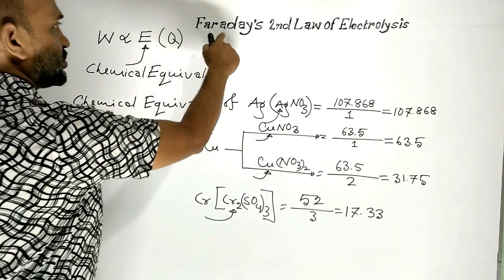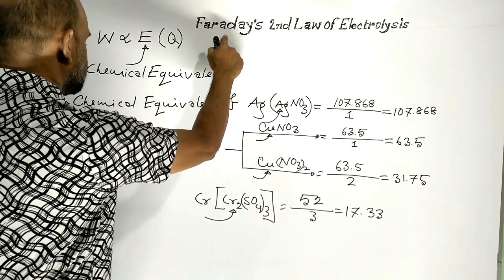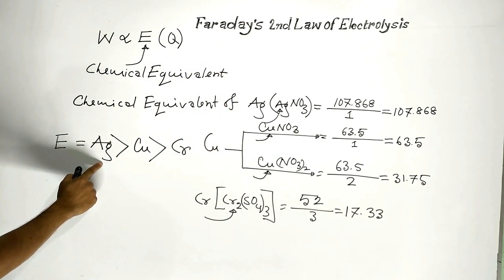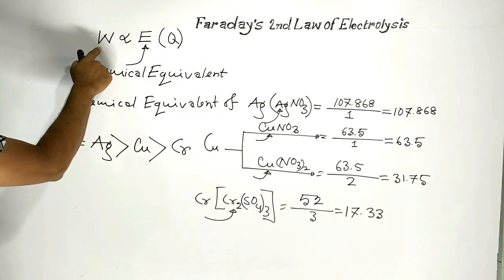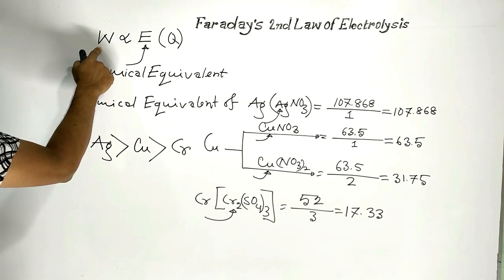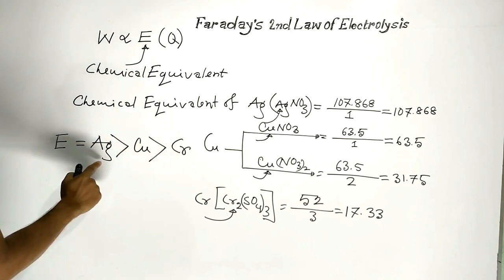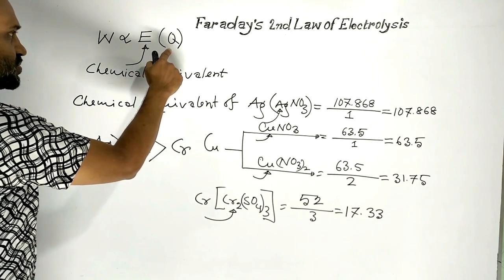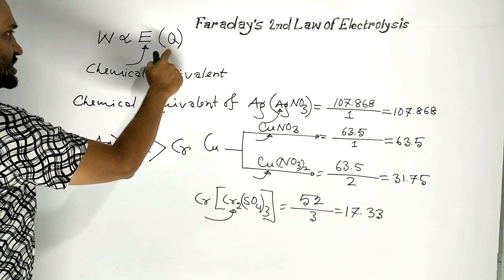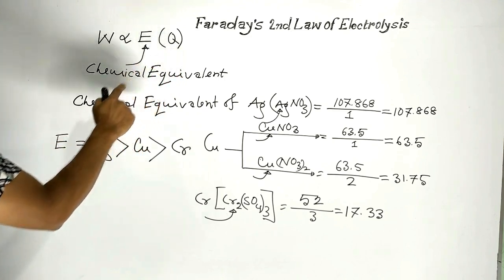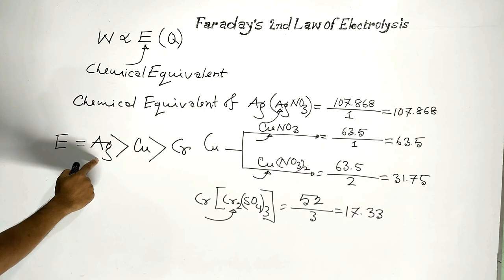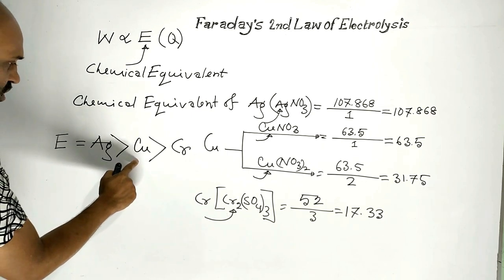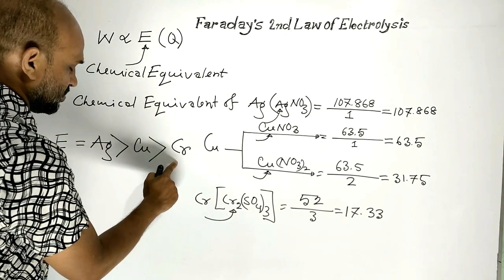According to Faraday's second law of electrolysis, the amount of substance dissolved from the anode or deposited at the cathode will be directly proportional to the chemical equivalent of the elements when the amount of current passed through it is the same. That is, the amount of substance dissolved or deposited will be higher for silver, then copper, and after that chromium.